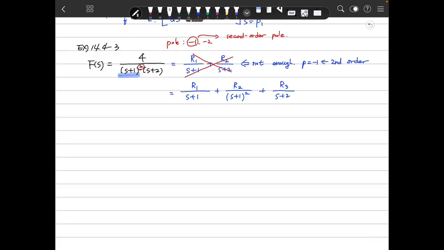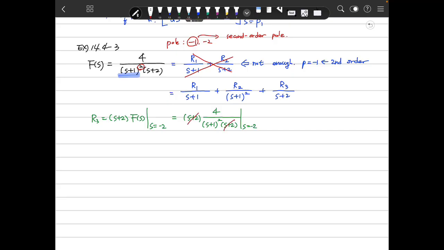The simple one is R3. R3 is (s plus 2) times F(s), with s equal to minus 2. So it will be (s plus 2) times 4 over (s plus 1) squared (s plus 2), with s equal to minus 2.